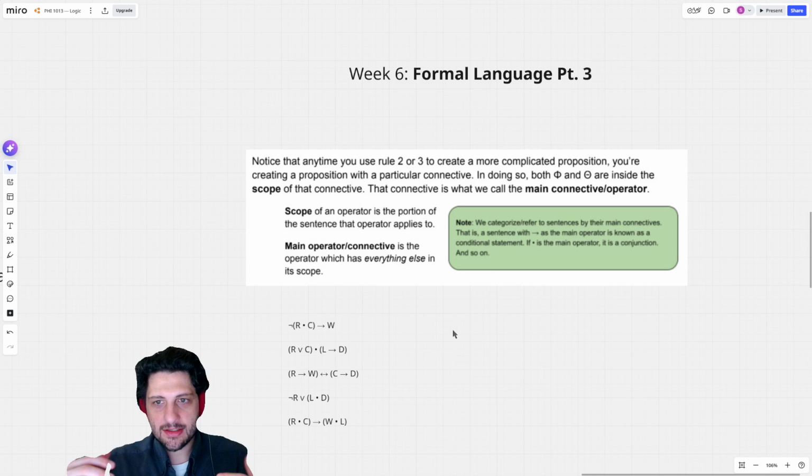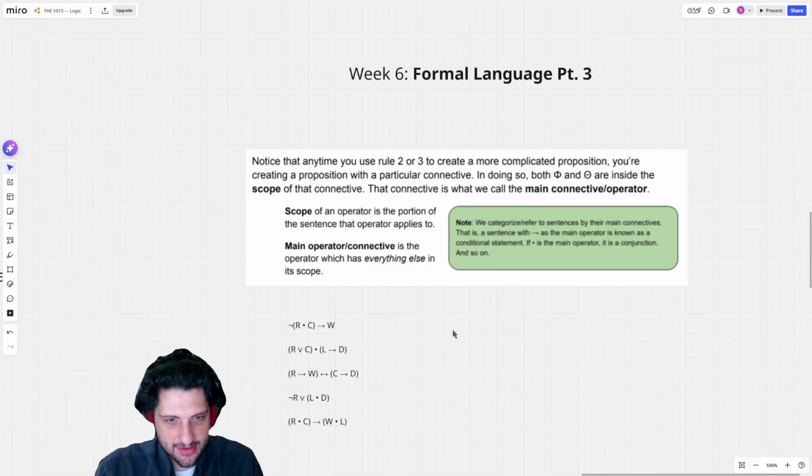Every time we do that, we're adding in a new connective, and we can consider what is the scope of that connective.